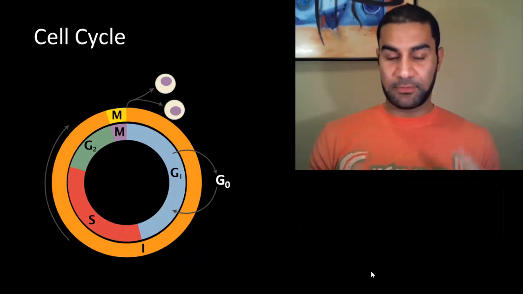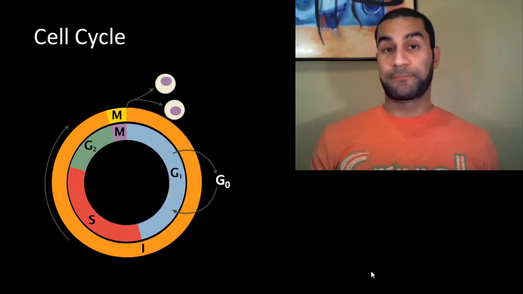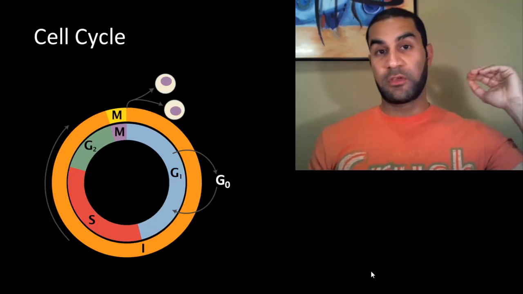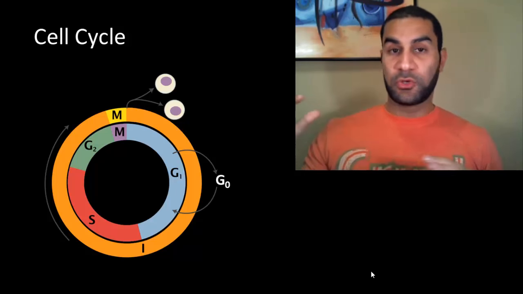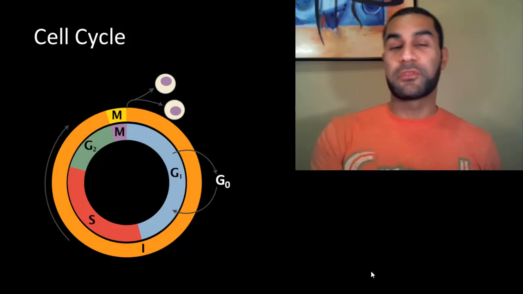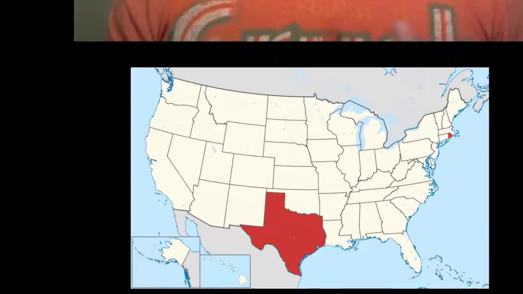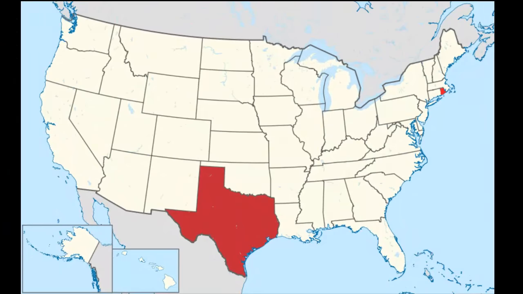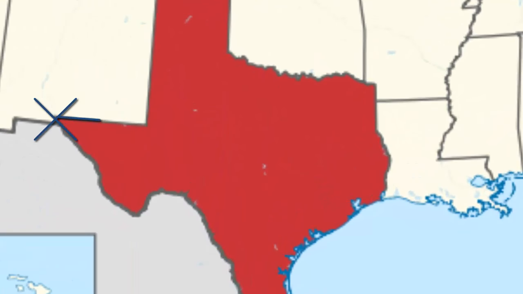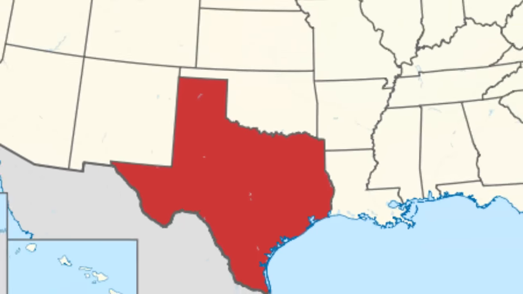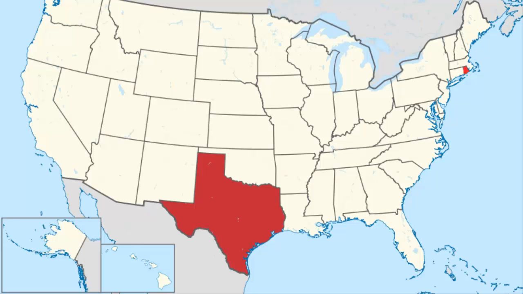Let me give you an example. Let's say I was driving across the country, okay, from California up to New York, and I drove the scenic route and I'm going through Texas as well. If I'm driving from far west Texas, like El Paso, to far east Texas, like Tyler or something like that, compare that distance to, let's say I'm making my way up the East Coast and I'm traveling through Rhode Island from one border to the next.